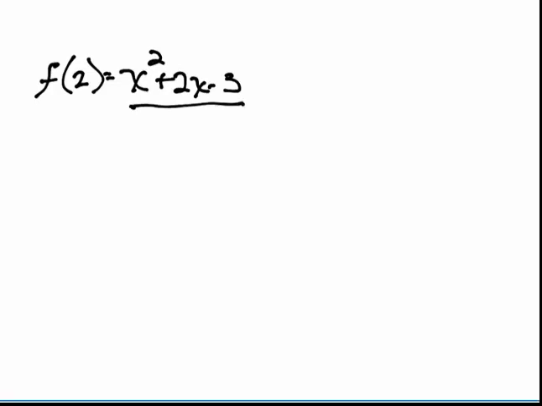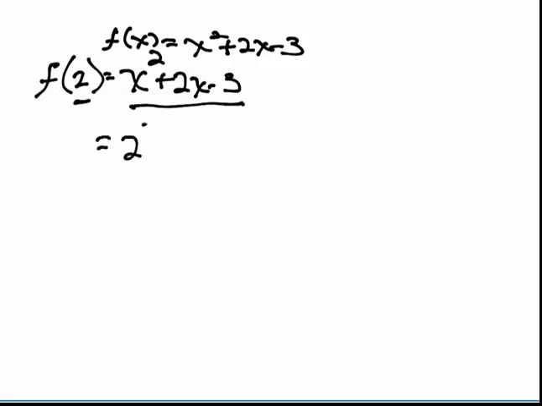So let's practice. At the top of page 67, we have f of 2, with f of x being x squared plus 2x minus 3. The original function is this equation, and they have told us that x is 2. So we pull the f of x equation, x squared plus 2x minus 3, and we're going to put in 2 every time we see the x.